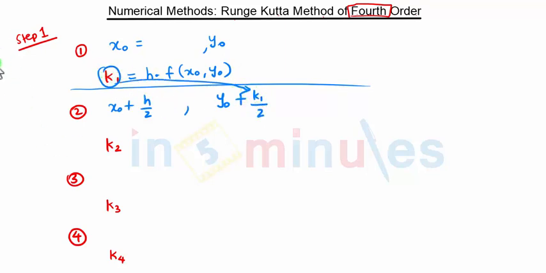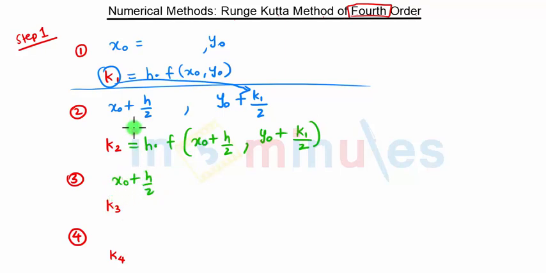Then we will calculate k2 as h into f of x0 plus h by 2 comma y0 plus k1 by 2. Similarly for k3 we will have x0 plus h by 2, that is this term remains as it is, comma y0 now will become y0 plus this k2 upon 2.